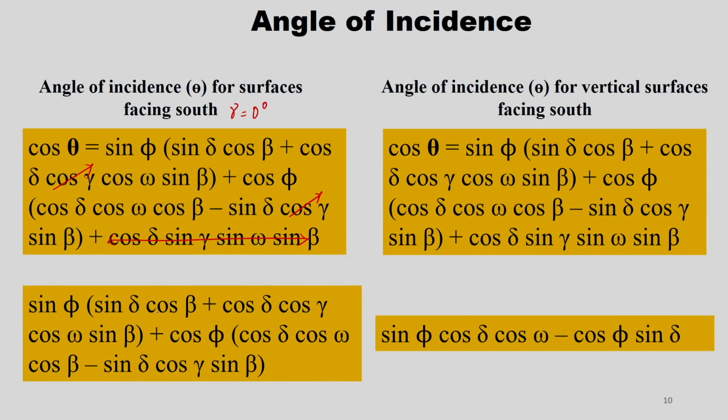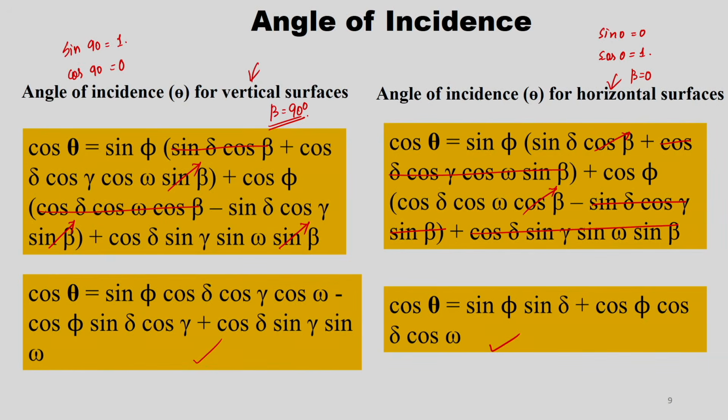So, sin phi sin delta cos beta, and then cos delta cos gamma, that is 1, cos omega sin beta, and cos phi cos delta cos omega cos beta, minus sin delta cos gamma sin beta. So, that term goes. So, facing south gamma is 0, and then vertical surface, so beta is 90 degree. If we substitute gamma is 0, this particular term may go.